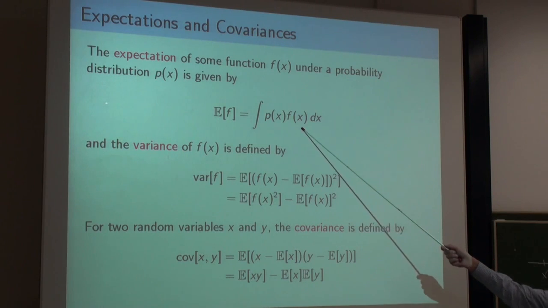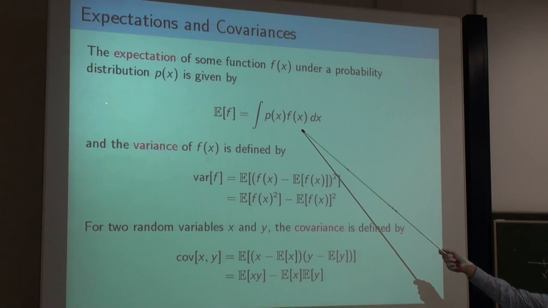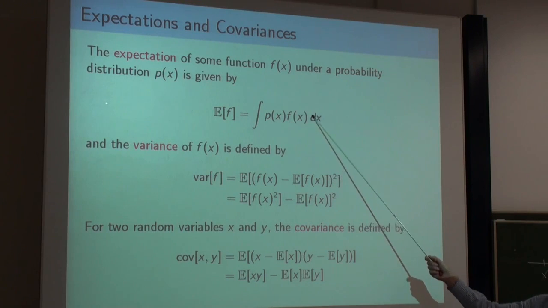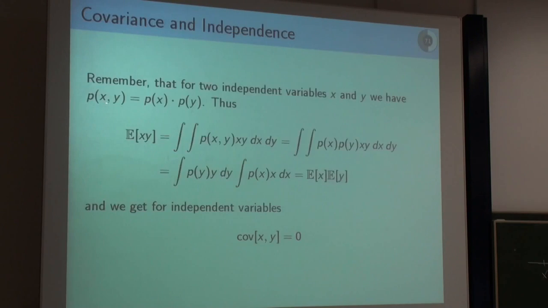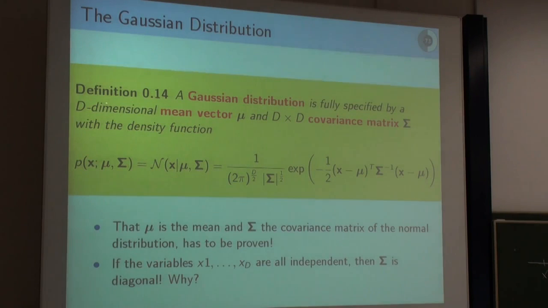You will take this formula and replace this f of x by the normal distribution. And then you will solve this integral. And you will see that it is mu. And the same holds for the covariance.